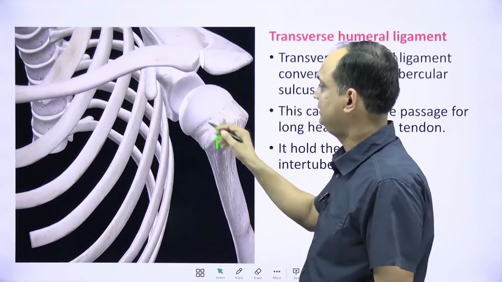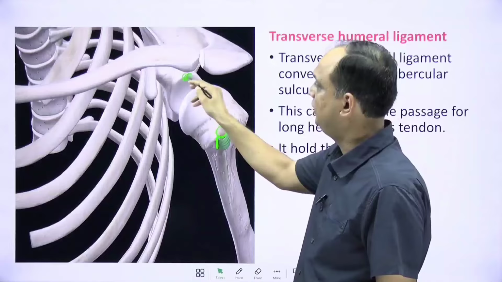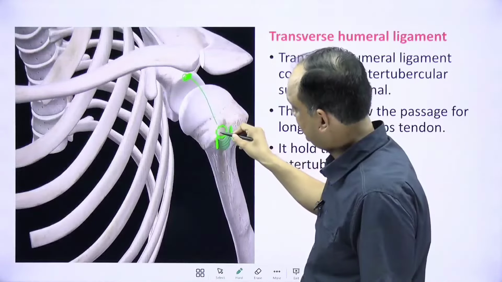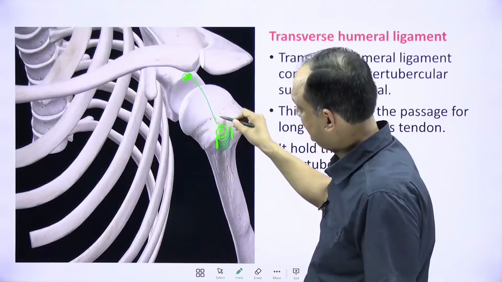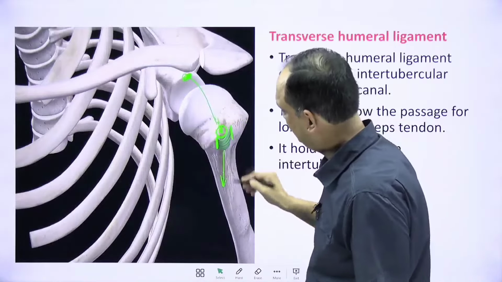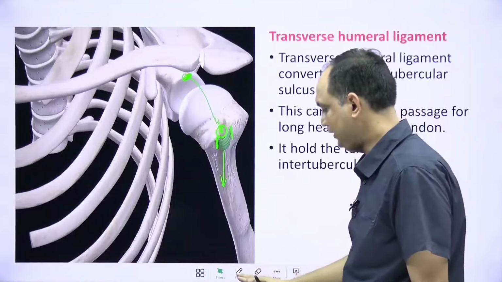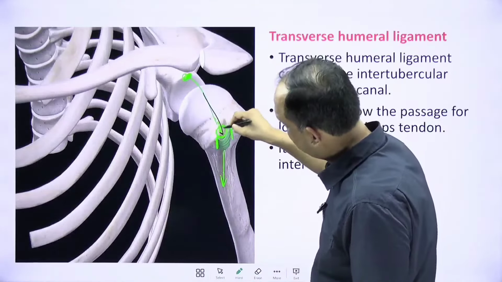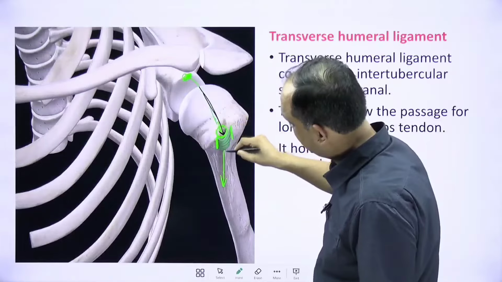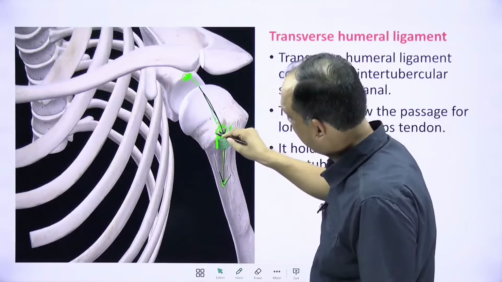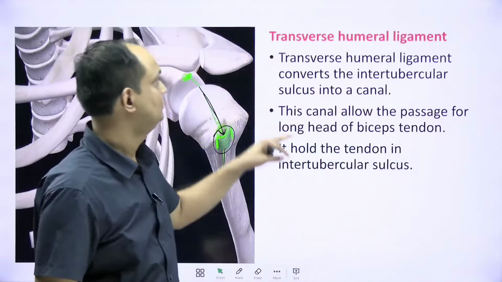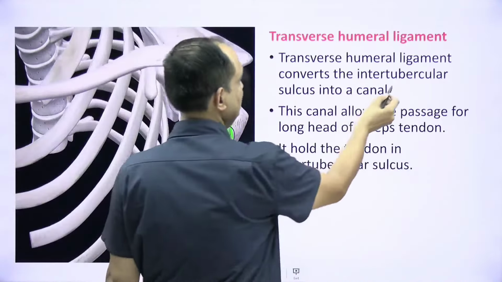Through this canal, the long head, which arises from the supraglenoid tubercle and covers the upper part of the joint, enters the canal and then comes out downward. So, this is the important concept to understand: the transverse humeral ligament converts the intertubercular sulcus into a canal.